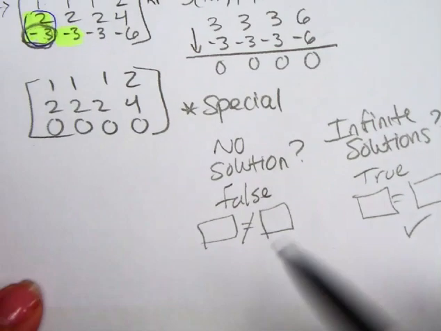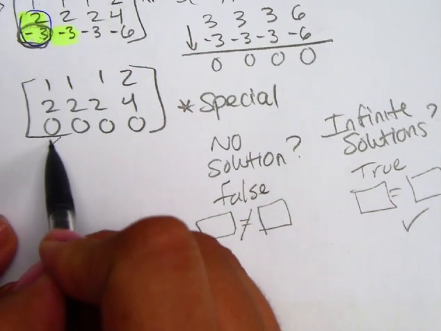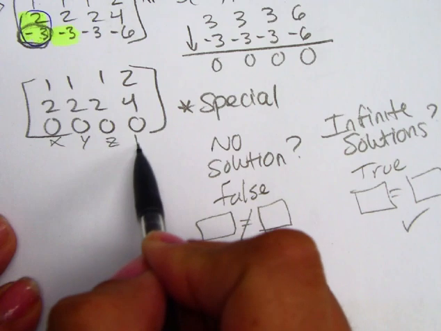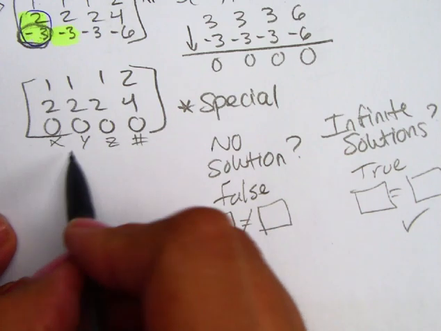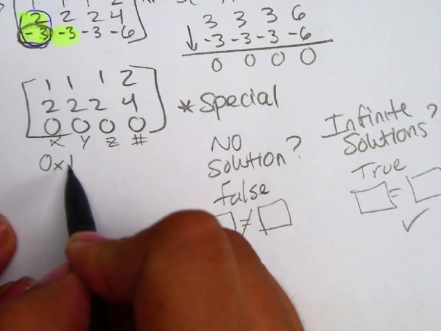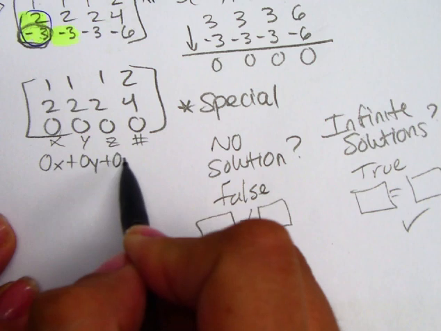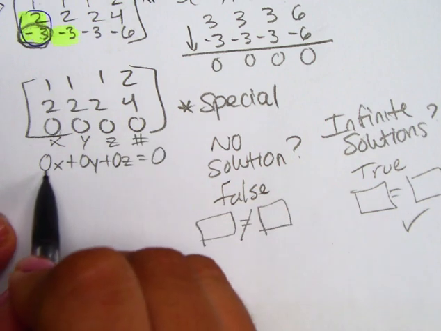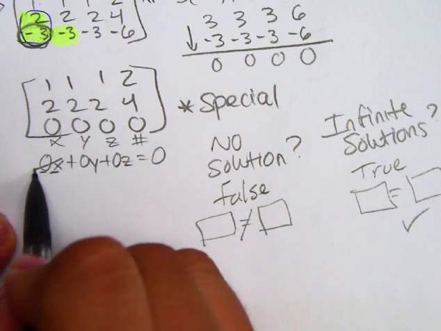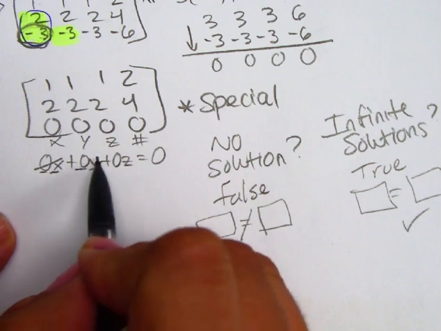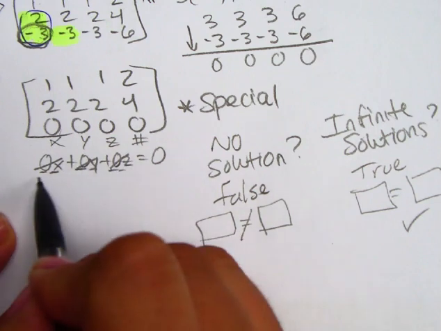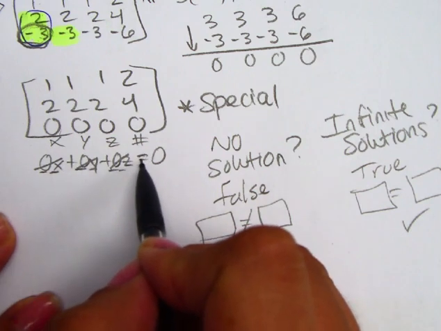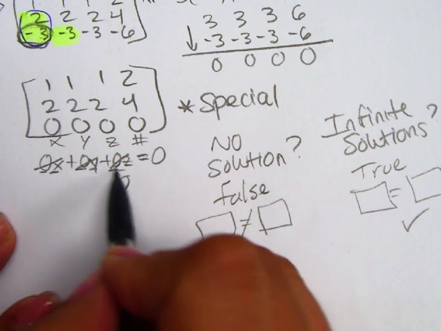So let's see what's going on right here. This is x, y, and z, and a number. So we turn this into an equation that is 0x plus 0y plus 0z equals 0. So we know mathematically anything times 0 is 0, 0, and 0. So we can just say that on this side of the equal sign, you have a 0 because there's nothing.